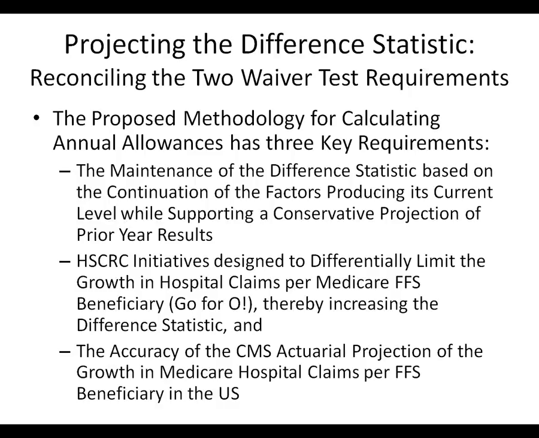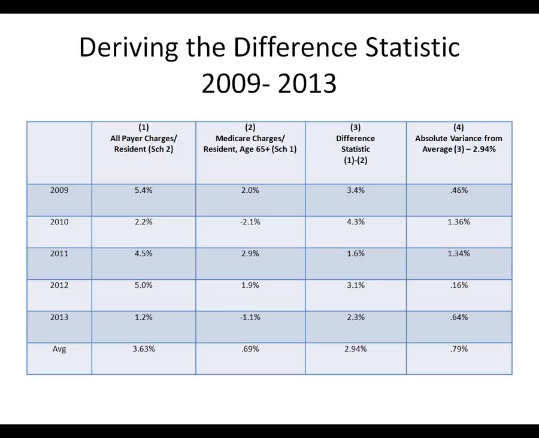However, before I leave this schedule, I just want to note that in the fourth column on the right, I have calculated what I've called the absolute variance. This is an unconventional measure of variance. It is simply the absolute value of the difference between the statistic in any particular year and the average. Overall, this variance is 0.79%.